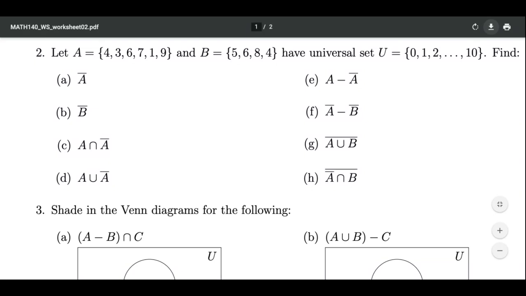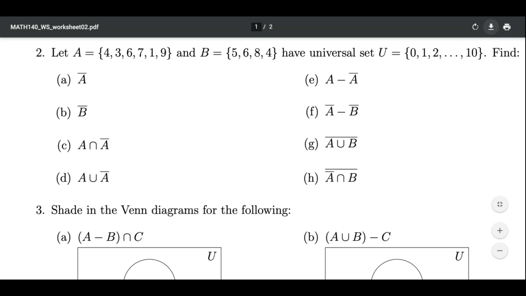Then the complement of it is everyone else except 5. It's 0, 1, 2, 3, 4, 6, 7, 8, 9, 10, right?